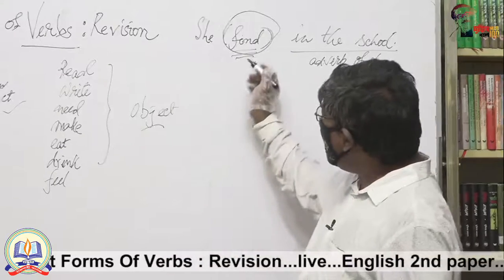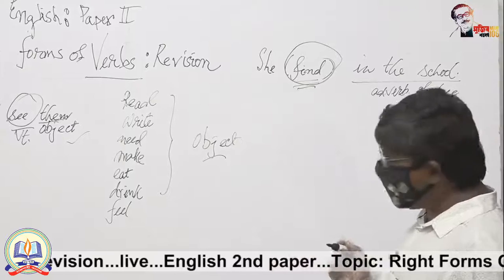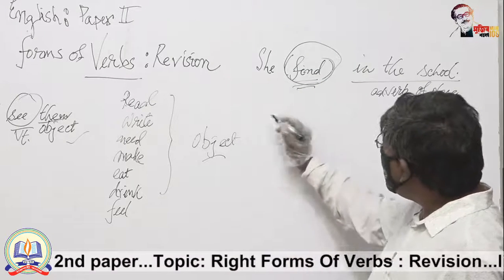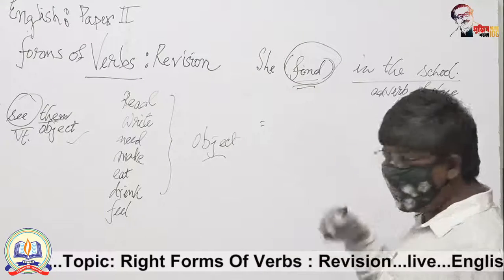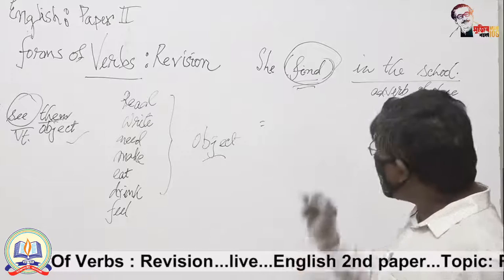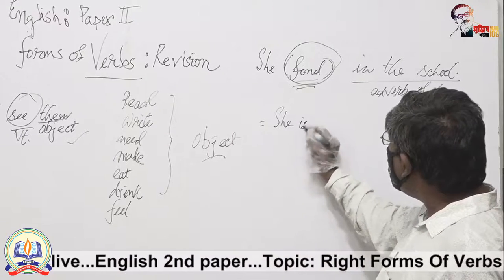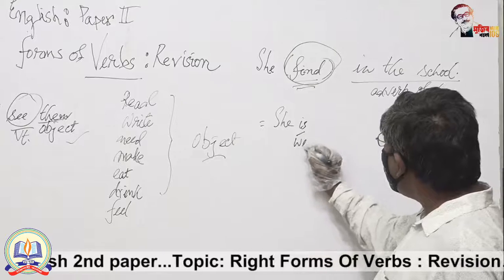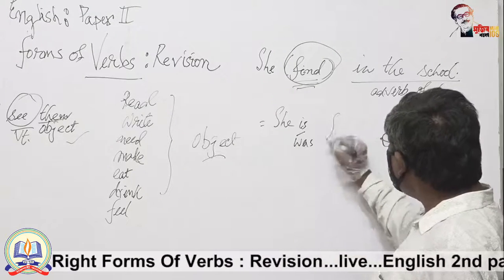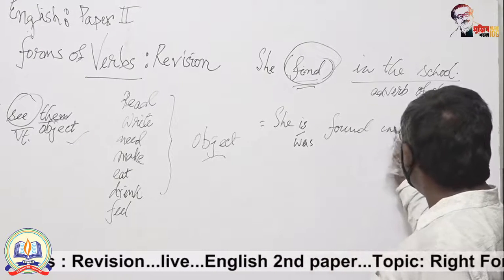If you have any finite verb that needs an object after it, you must write it in the passive form. She is found or was found, since there is no adverb of time, in the school.